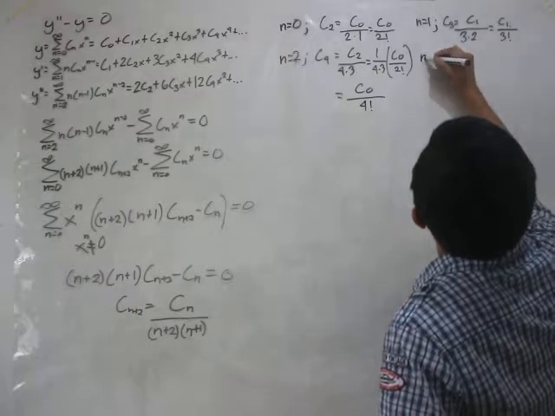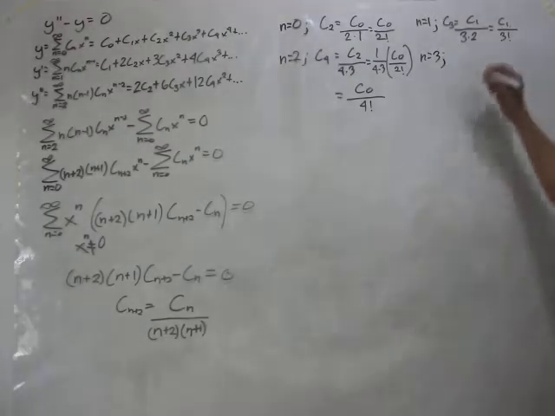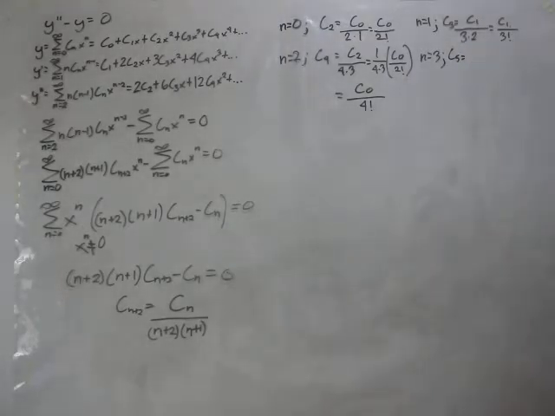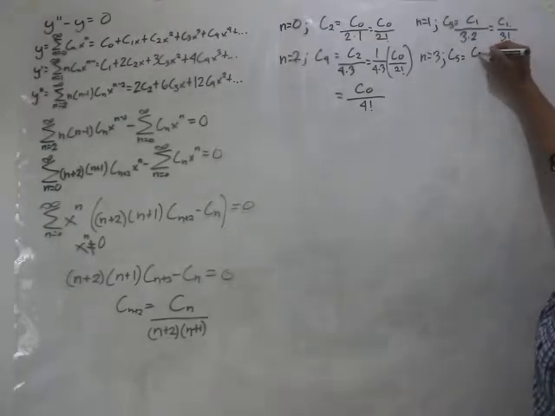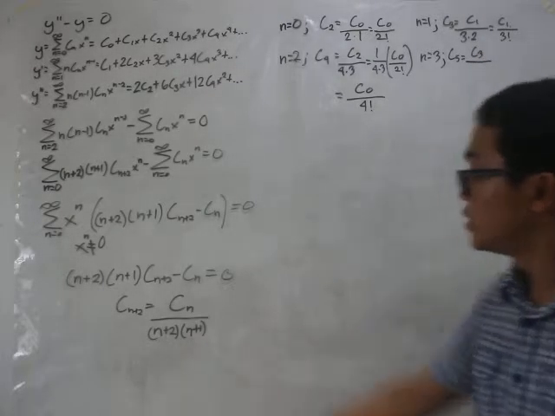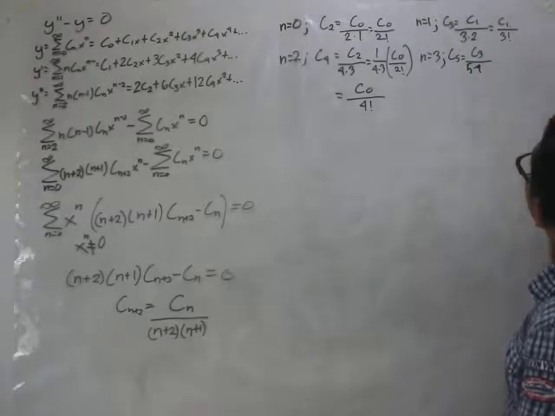Now n is equal to 3. We have c5 is equal to c3 all over 3 plus 2 is 5 times 4.